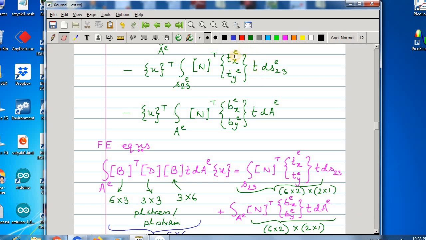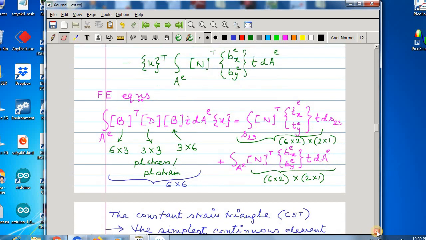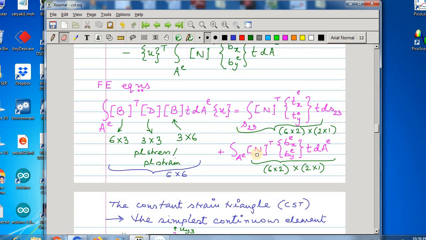But what you could have done is specify it as txe multiplied by t, tye multiplied by t, then it would have become force per unit length. If you include t here, this would become force per unit area, and this is area. So please keep this in mind, and this is the finite element equation.